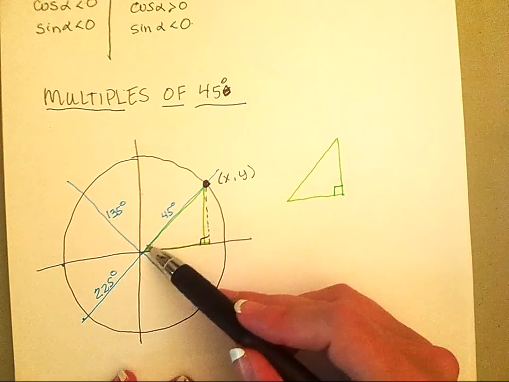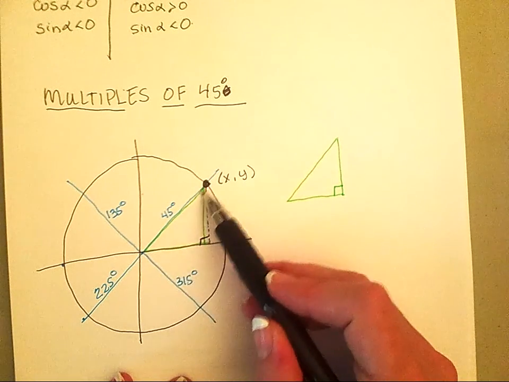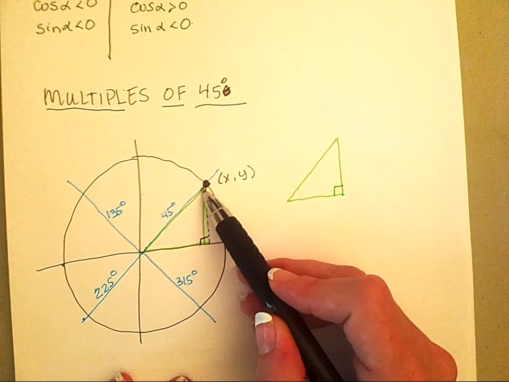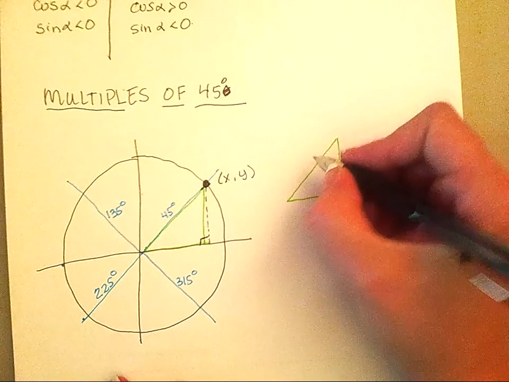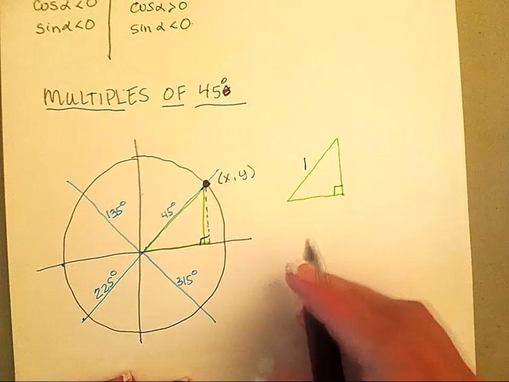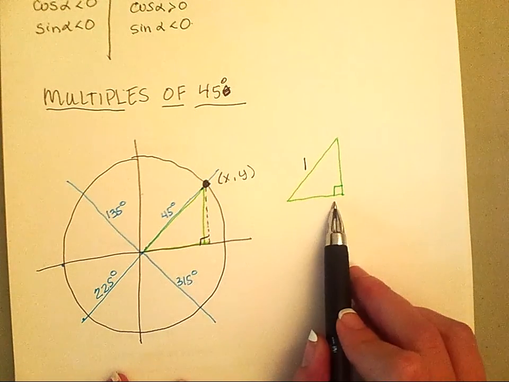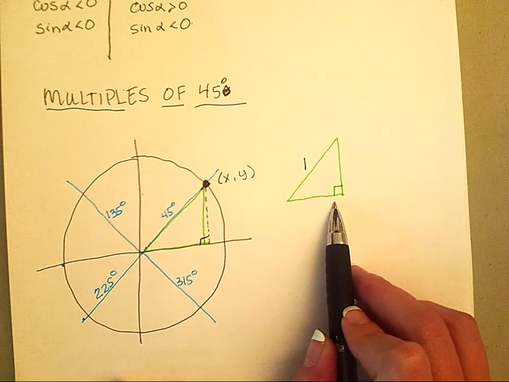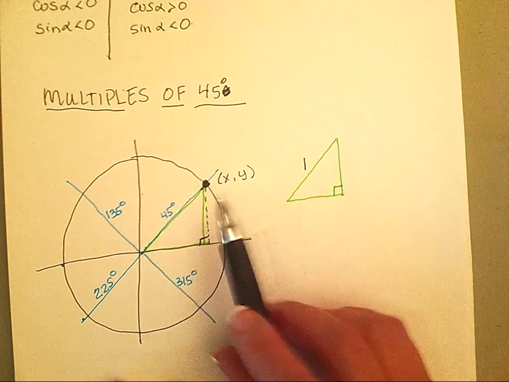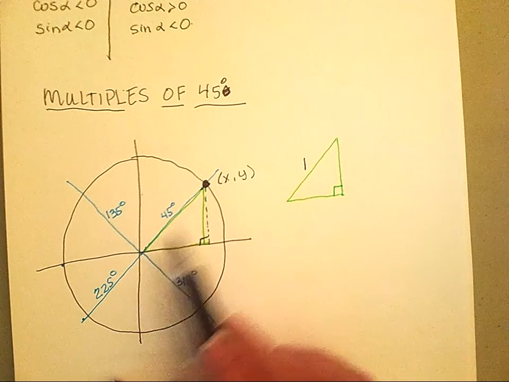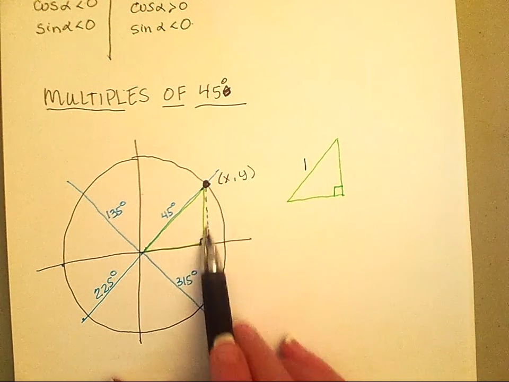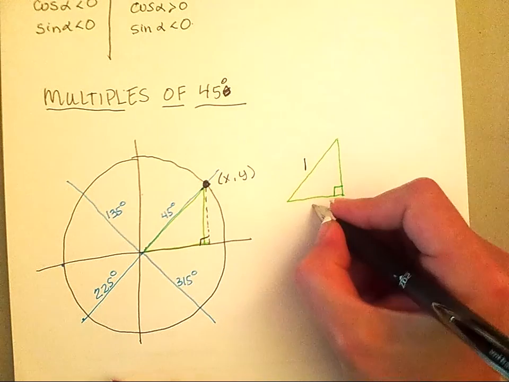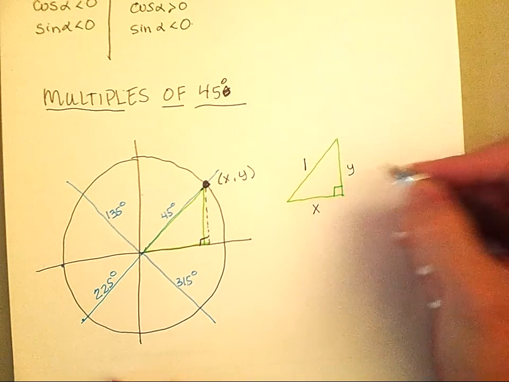Now, we don't know much about this circle, but I do know this. The hypotenuse has to be the radius. Okay. Now, I'm on a unit circle, so the radius is 1. Since I have a right triangle, I can use Pythagorean theorem to find out what our x and y are, because specifically to get to this point, I had to go some direction in the x and some direction in the y, which means that x and y are here.